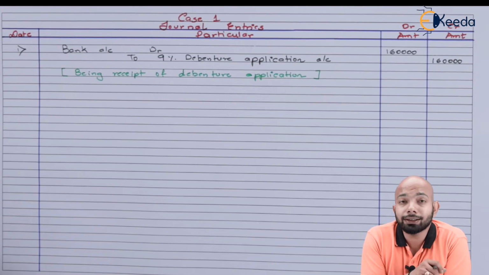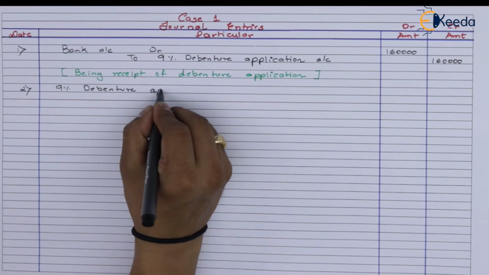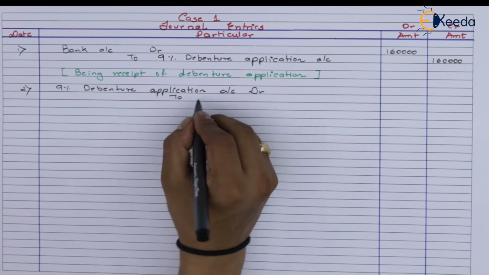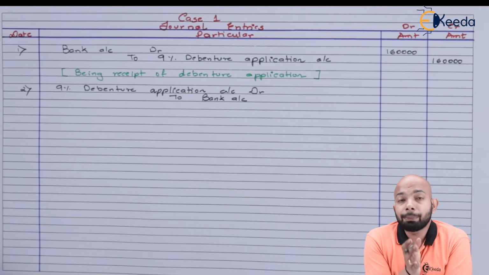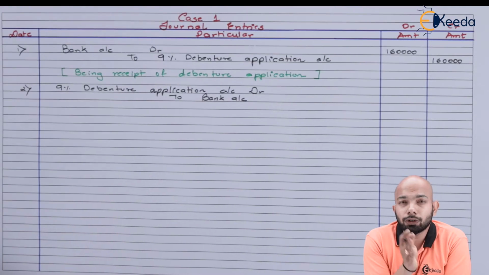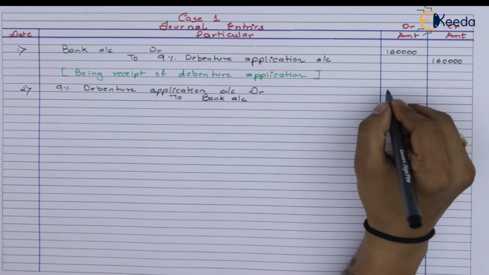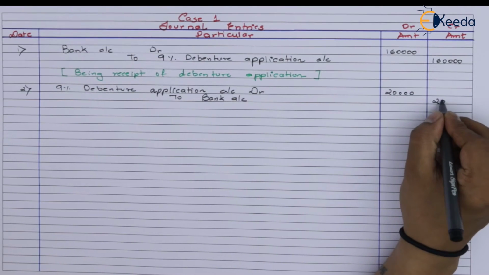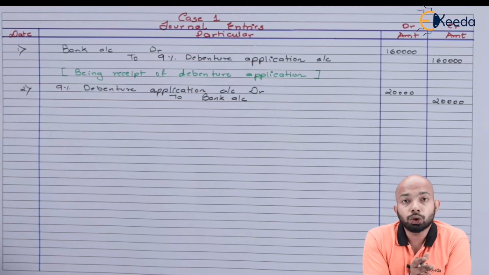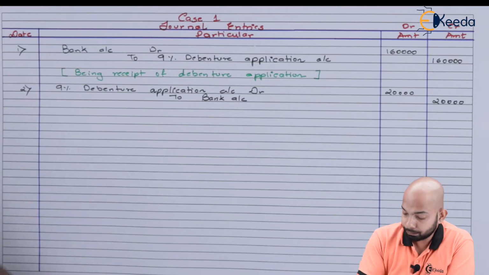So let's mention that refund entry here. The application money that we received was 20 rupees per debenture and 1,000 have been sent back, so 1,000 multiplied by 20 will give you the amount of refund here. So a total of 20,000 was refunded. Let's mention the narration again.